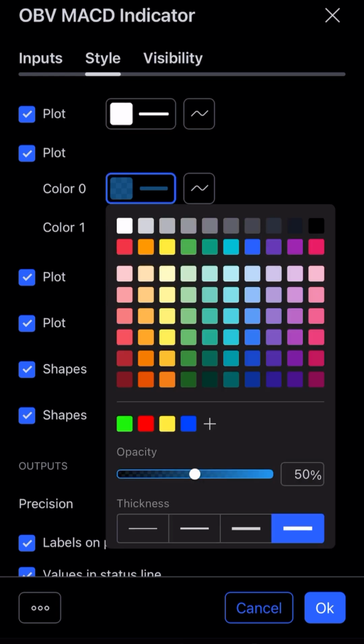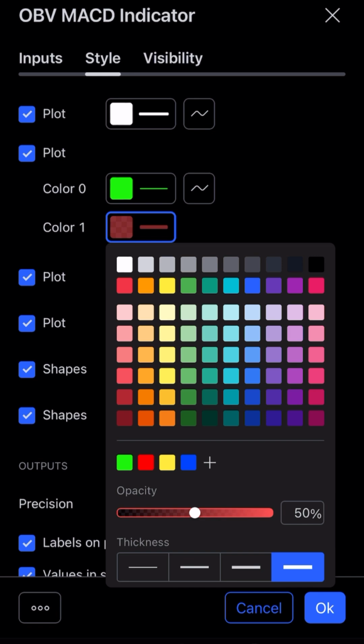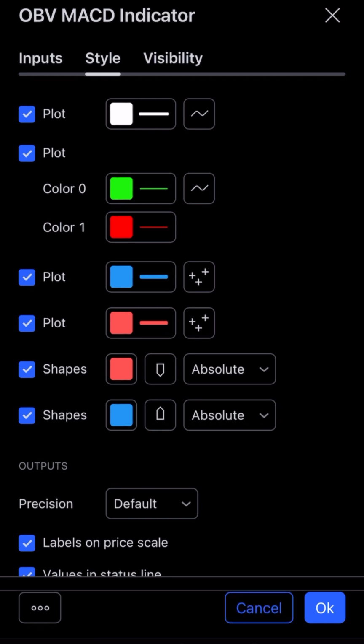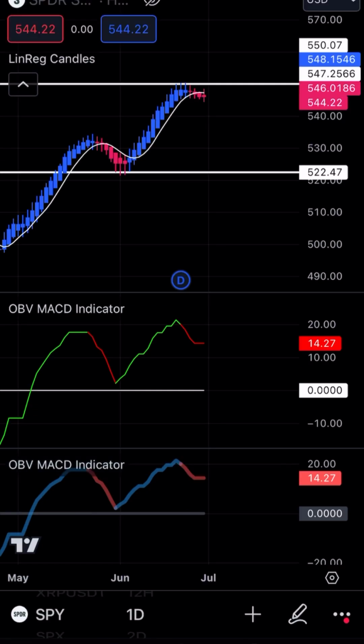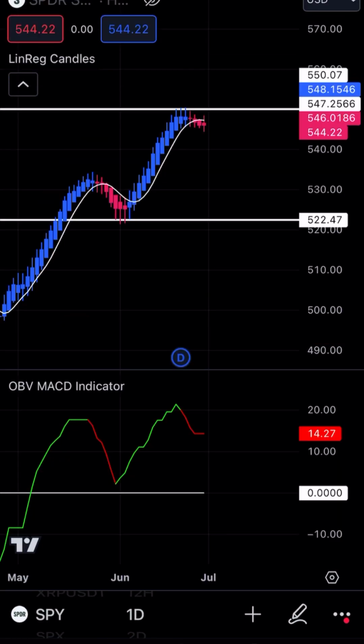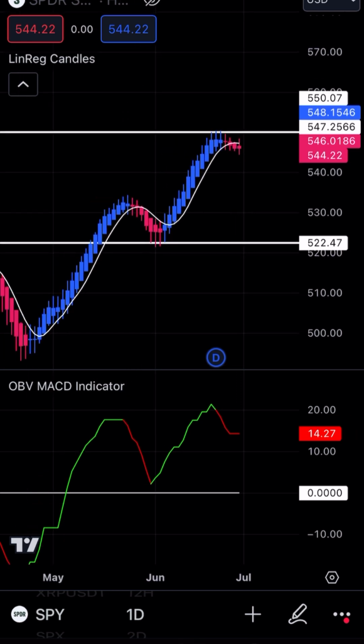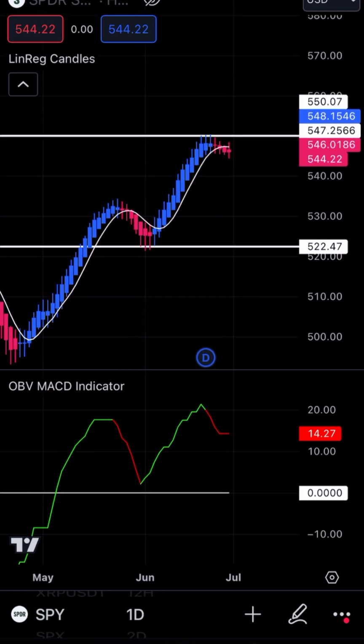And now these are your bullish and bearish. So basically, I make the blue less thick. I change the blue to a green, bring up the opacity, and I make it a bright red here for the bearish. Turn up the opacity, and make it less thick. So that will bring it to looking like it does here at the top.